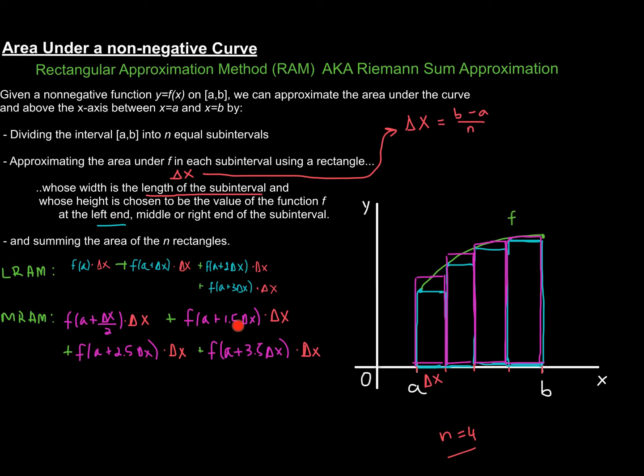So it will be 1.5 delta x's. The third one will be a plus 1, 2, 2.5 delta x's to get to the midpoint of that third interval. So it'll be a plus 2.5 delta x, and similarly a plus 3.5 delta x for the height of that last rectangle. Notice that the base of each rectangle is still delta x.